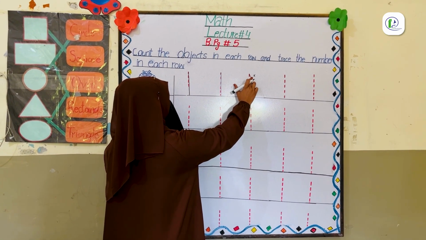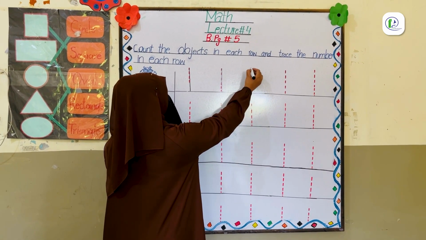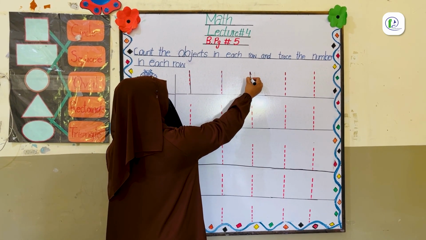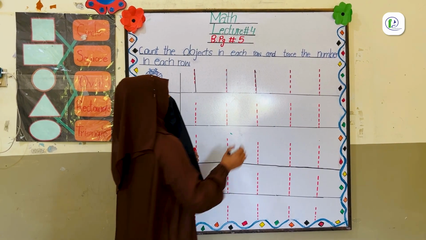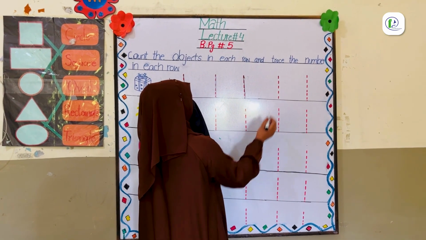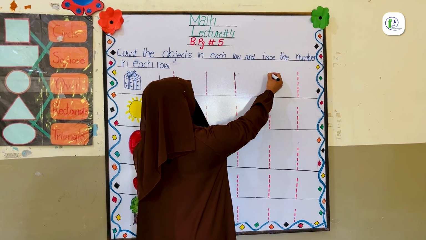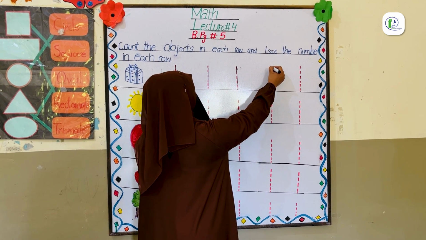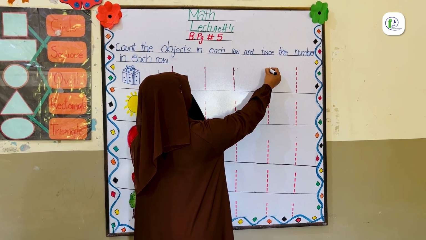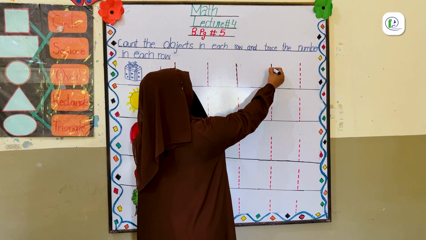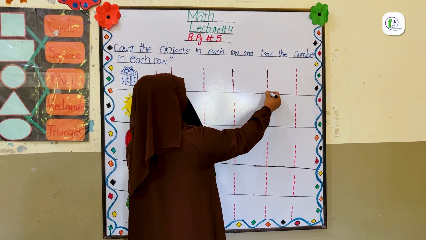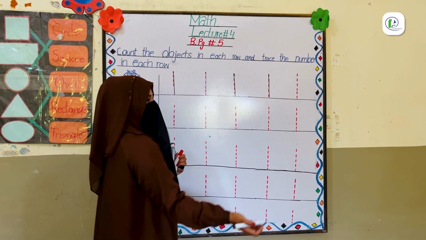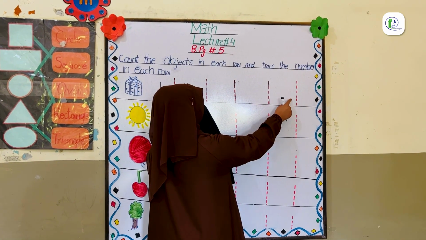So erase it and trace it again. Okay, these are separate dots that want to combine with each other. So we will help these dots to combine with each other. It's done. Super.